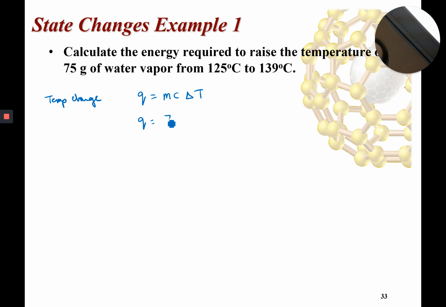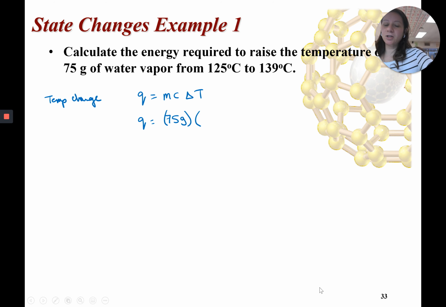So Q is equal to 75 grams. C, watch out because this is water vapor, not liquid water. And so we need to look up the value for the C for water vapor.